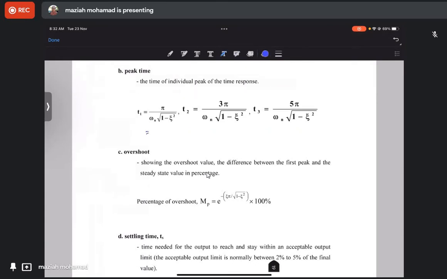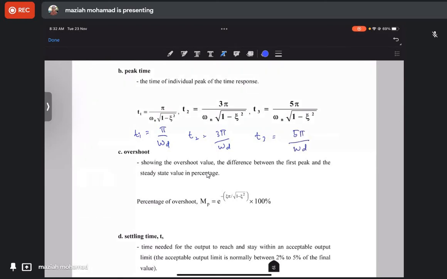You can also represent it as pi over omega d, because omega n multiplied with the square root of 1 minus zeta squared is omega d. T1 is pi over omega d. T2 is 3 pi over omega d. And T3 is 5 pi over omega d.